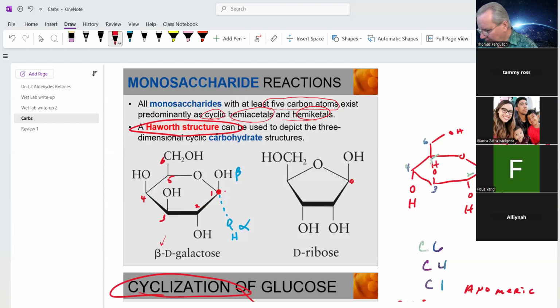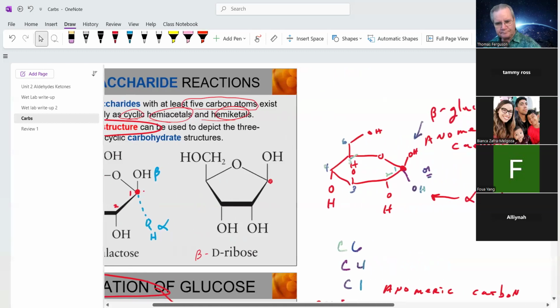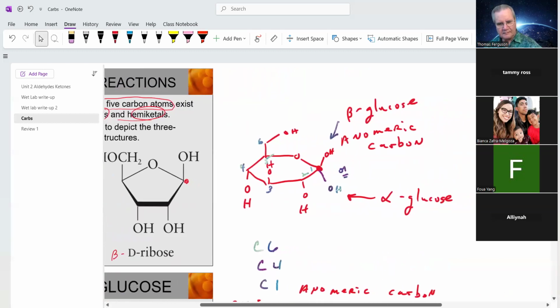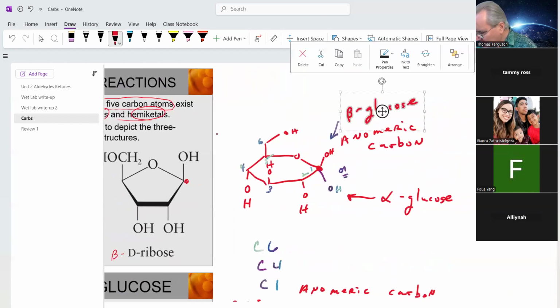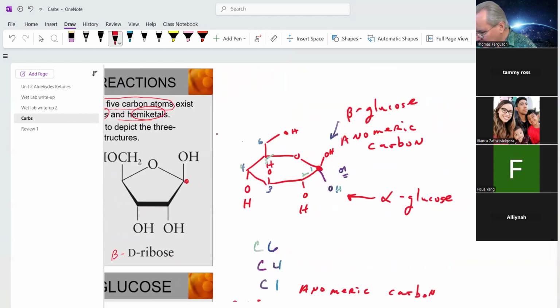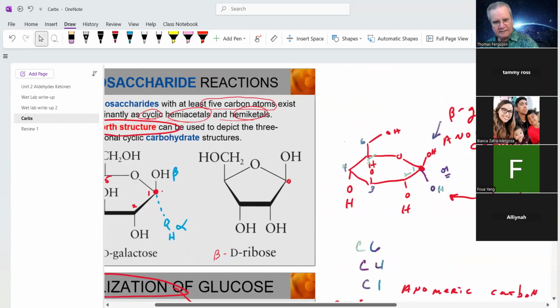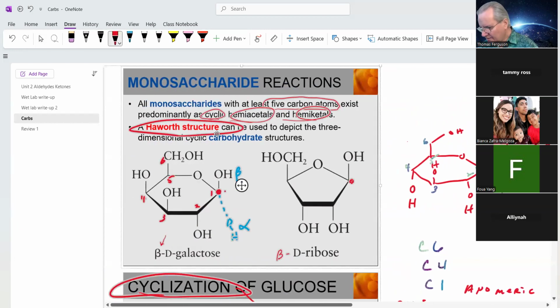This is going to be beta D ribose because the anomeric carbon's hydroxyl group is going up. Now, normally it's drawn like this, line drawing wise, instead of like this with the CH2OH.